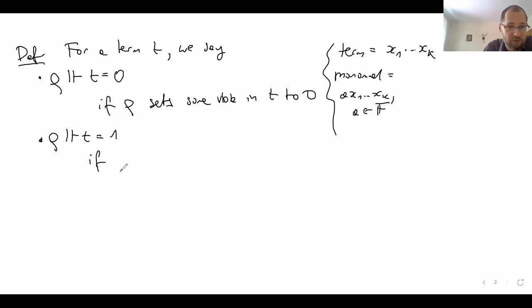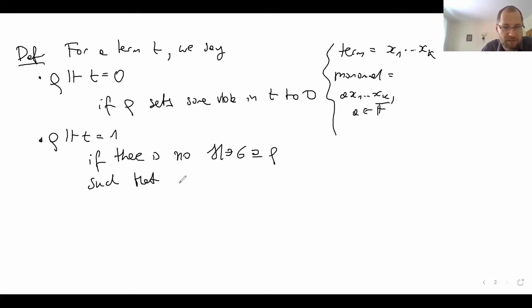It's if there is no sigma extending rho, but still within the family, which makes t 0. So if you stay within Duplicator's family of assignments, there is no way of making the term 0. There's no assignment extending our rho that would be okay for Duplicator and that would set a variable in t to 0. Then we say that rho makes t 1.